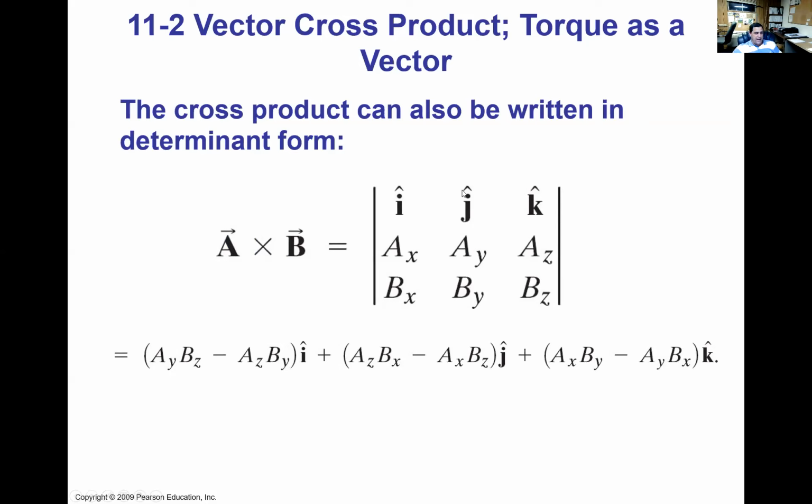Then for J, if you put your hand over J, you're going to have AZ crossed with BX minus AX crossed with BZ. For K, if you cover up column K, you're going to end up with AX crossed with BY minus AY crossed with BX. And then all you do is work that math out to get the solution.